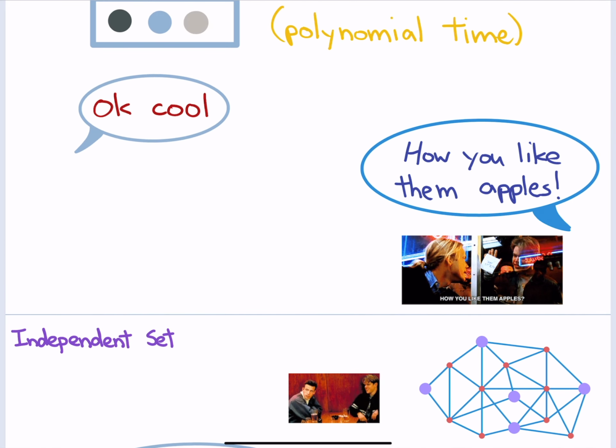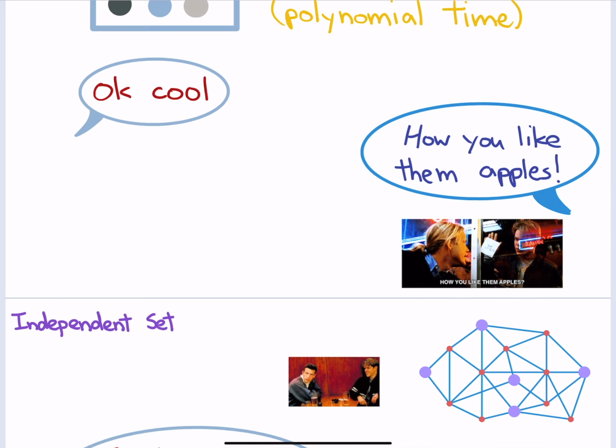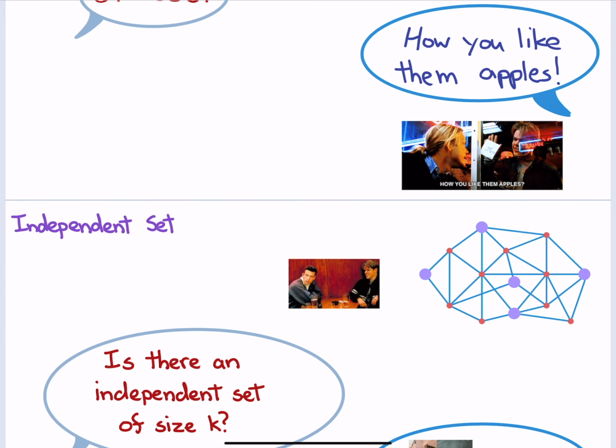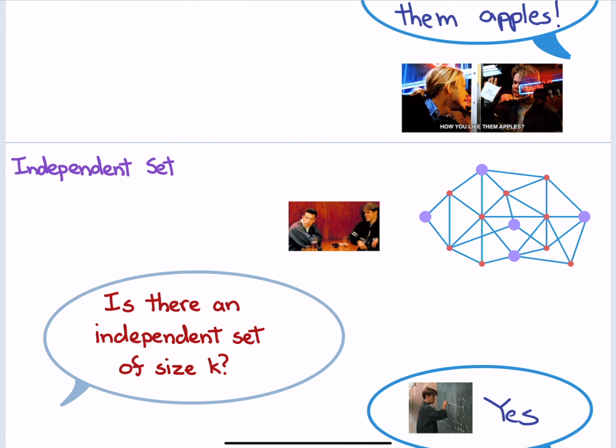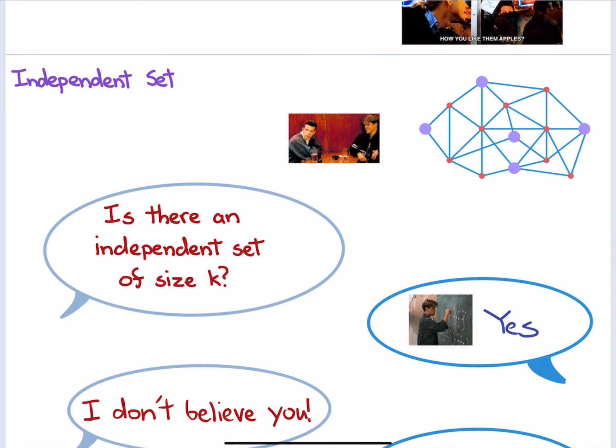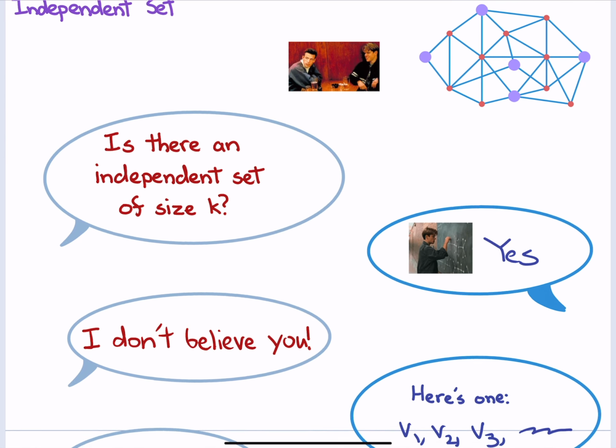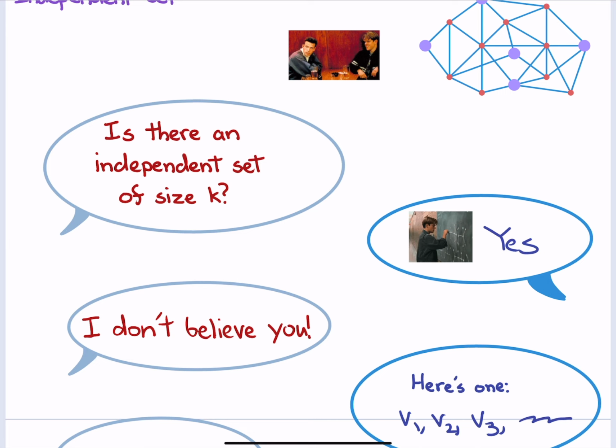You give an instance of independent set, right? So Ben Affleck asks Matt Damon, is there an independent set of size k in this graph? Will Hunting is a genius, thinks about it, says yes. Ben Affleck again says, I don't believe you. Will Hunting says, okay, well, look at these vertices, V1, V2, V3.